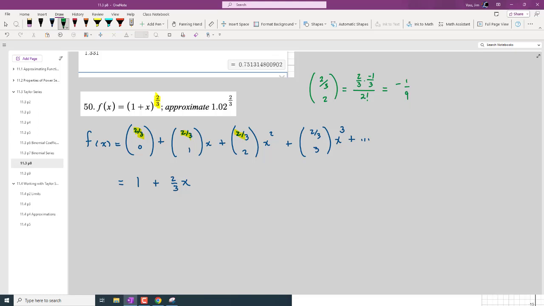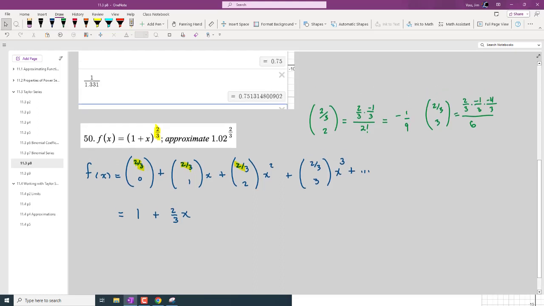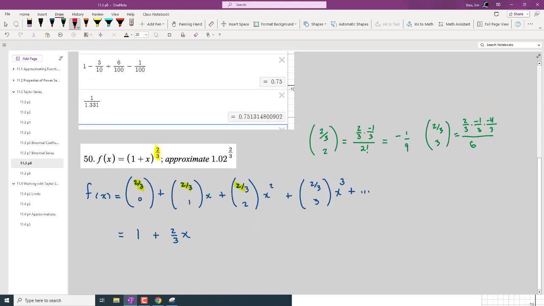And then if we want 2/3 choose 3, we're just going to subtract one more time. So we're going to have 2/3 multiplied by -1/3 multiplied by -4/3, and that's all divided by 3 factorial, which is 6. How do you know what it's doing up there? So we're always subtracting by 1.